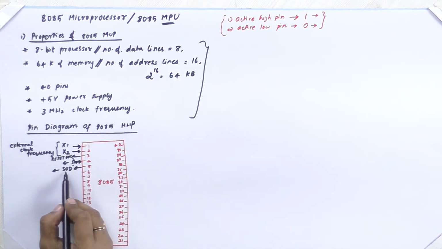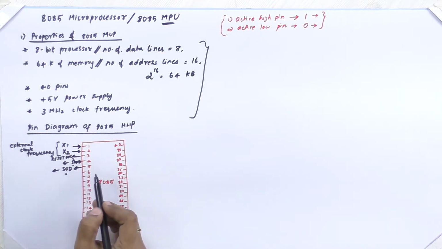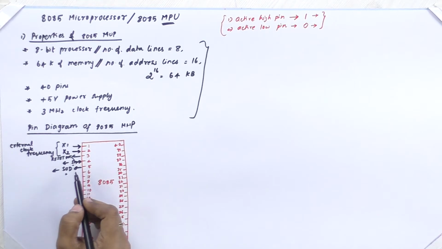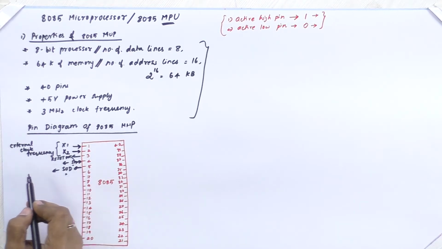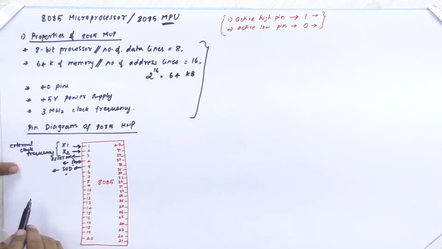And the function of the SOD pin is to transmit serial data to the externally connected peripheral devices.